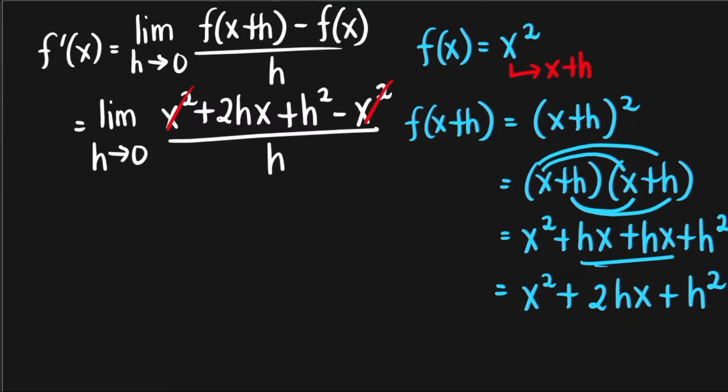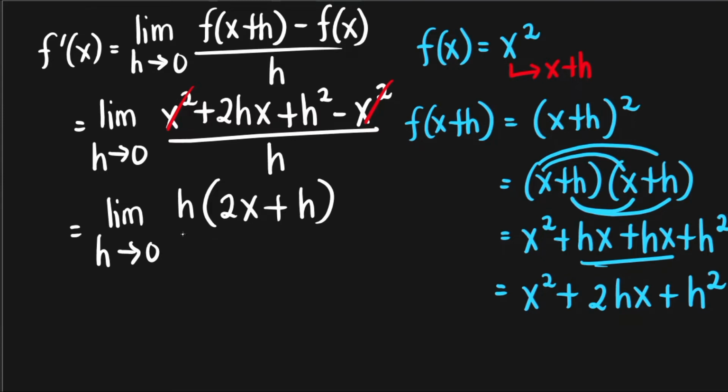Now we can factor out h in the numerator. Thus, we have the limit as h approaches 0 of h multiplied by 2hx divided by h is 2x plus h squared divided by h is h, all over h.